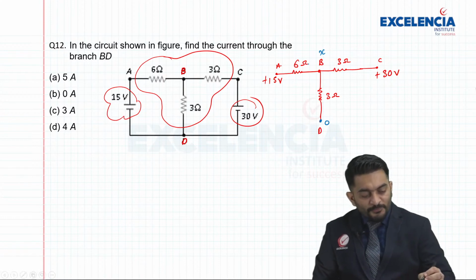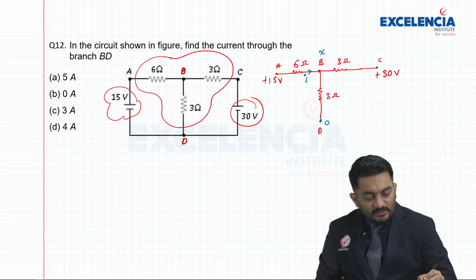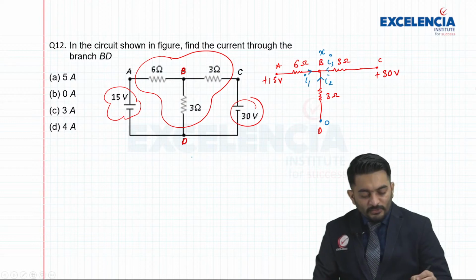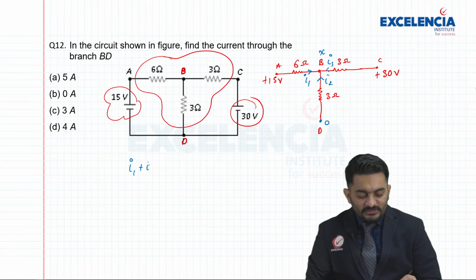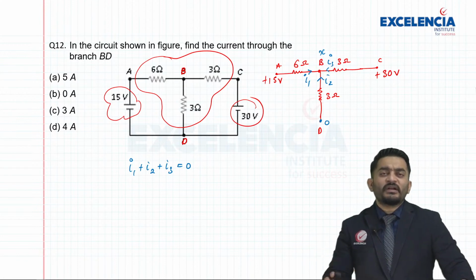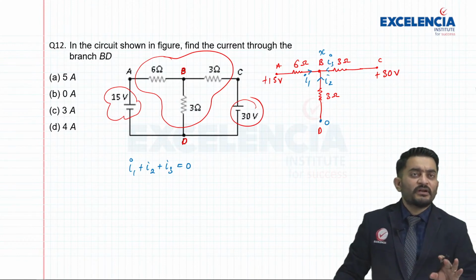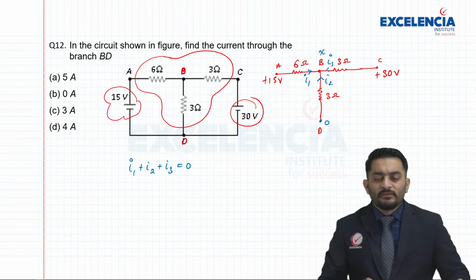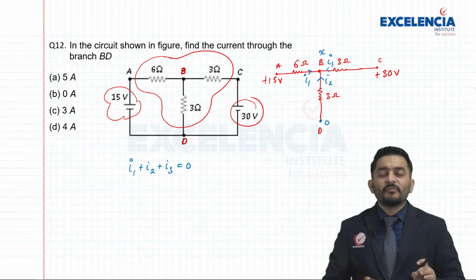Now I'm going to take currents I1, I2, I3. I told you that the sum of the currents at the junction should be equal to 0. So I1 plus I2 plus I3 should be equal to 0. We don't bother which current enters and which exits, we can conclude that later. The first aim is to calculate the value of BD.